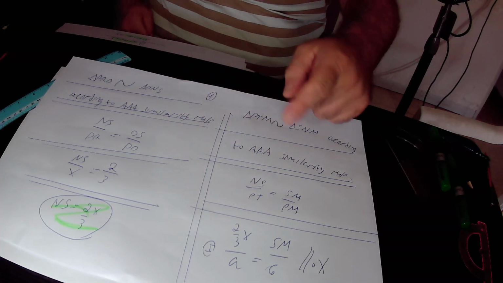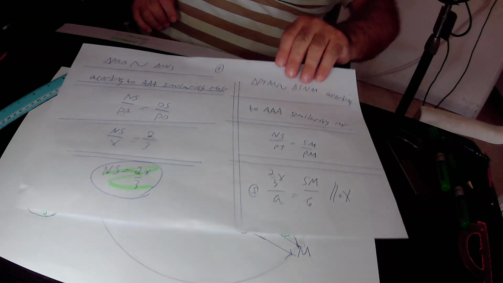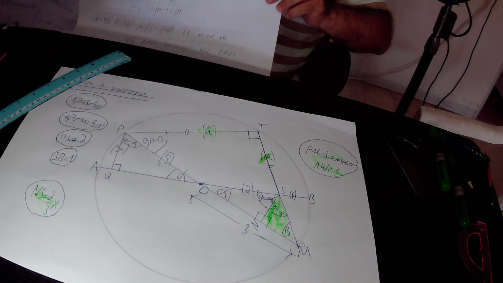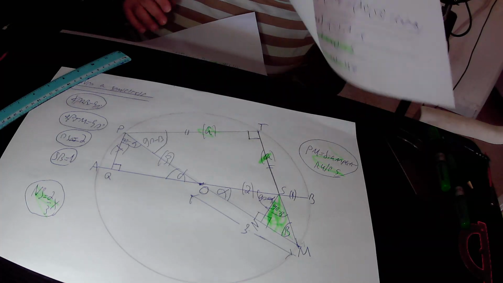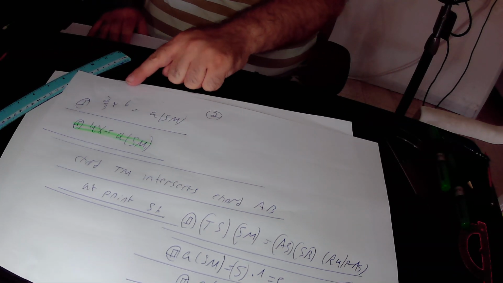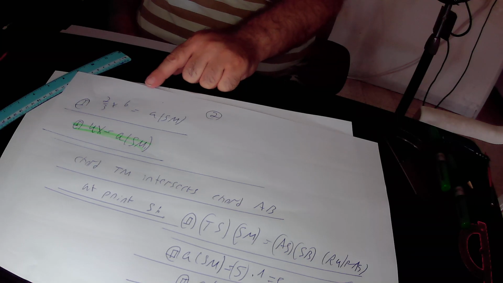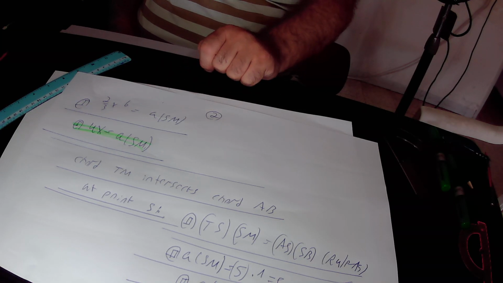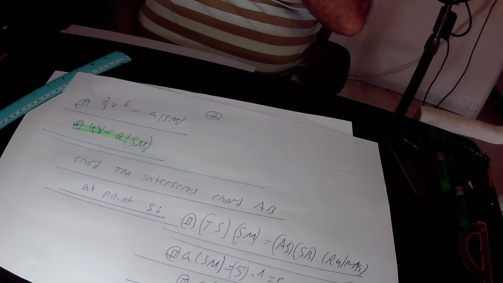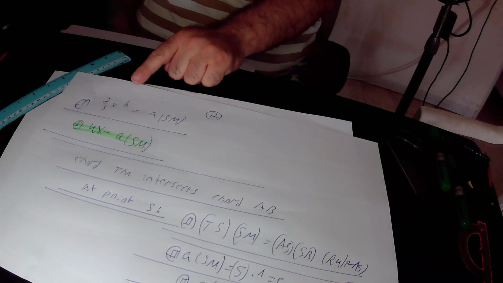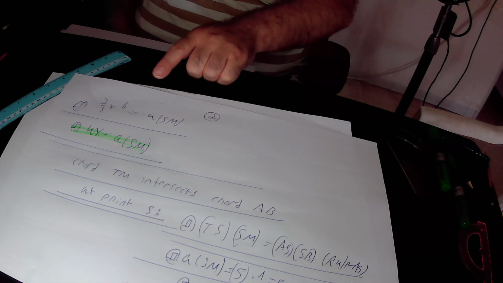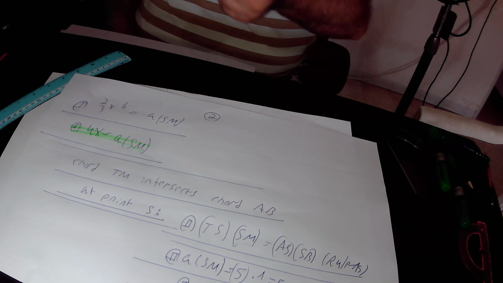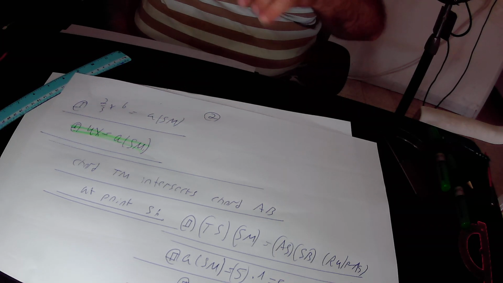Here, of course, we multiply this equation, and finally find two-thirds x times 6 equals A times SM. 6 over 3 is 2, and 2 times 2x is 4x. So in total, this expression gives 4x equals A times SM. So according to equation 1, 4x equals A times SM.